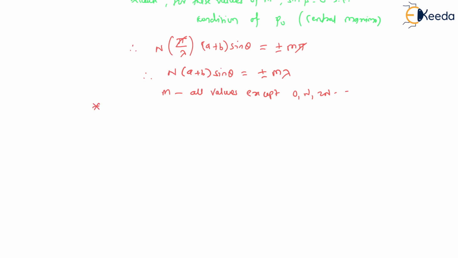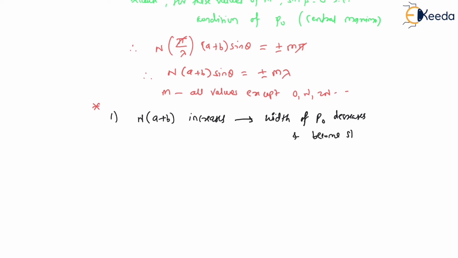The first observation is: when the width of the ruled surface, which is simply n into the grating element a plus b, increases, the width of the central maxima decreases and it becomes sharp.